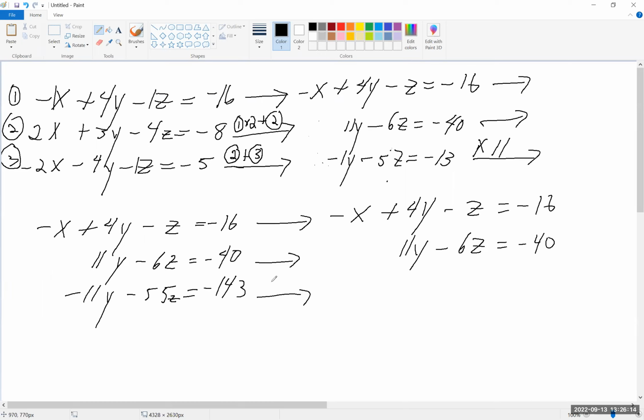And now I can add equation 2 to 3. So this is 0y. And this is minus 61z. And this is minus 183.